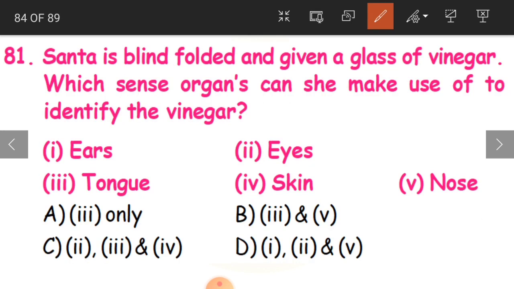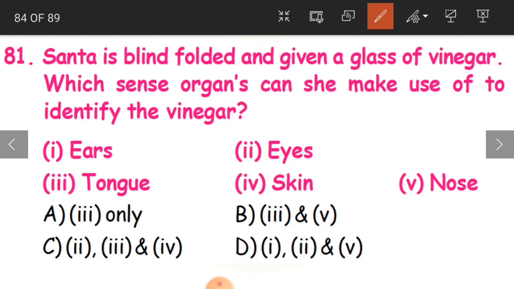81st question. Shanta is blindfolded and given a glass of vinegar. Which sense organs can she make use of to identify the vinegar? Vinegar is a liquid, children, which is used in making food and even for cleaning purposes.